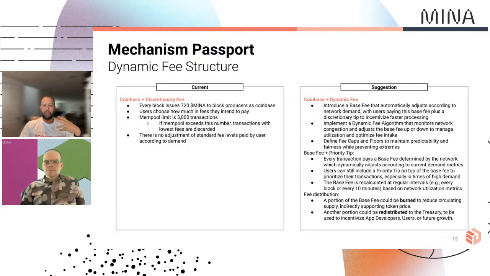So as an end user, if I do a transaction, I would see that there's a fee that I have to pay, but I can also pay a little bit more to prioritize my transaction if I wanted to. So that will be the new approach. And that dynamic fee that I would see originally will be decided by the protocol. There will be a base and a dynamic portion to it. The concept there is to make sure that if the protocol is super busy, we can actually implement a fee and then generate a little bit more revenue, and also slow down a lot of potential bot activity and that kind of noise.